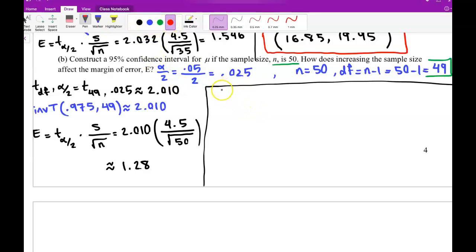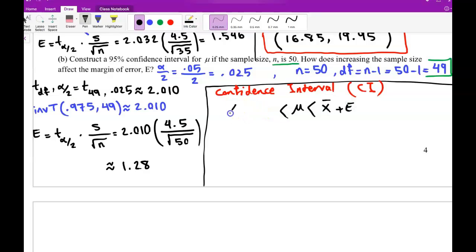Now finding confidence interval. Mean is between x bar minus e, x bar plus e.